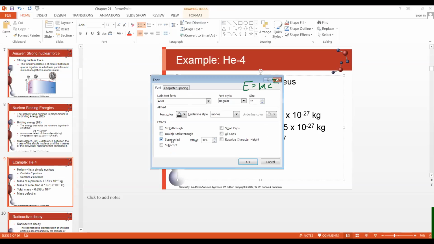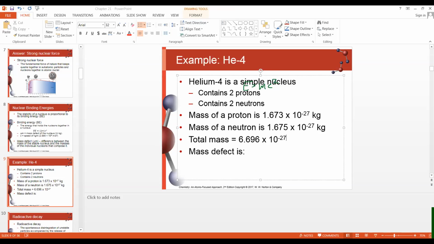And you just multiply 2 by each of those numbers. So that's the total mass of the 4 nucleons.